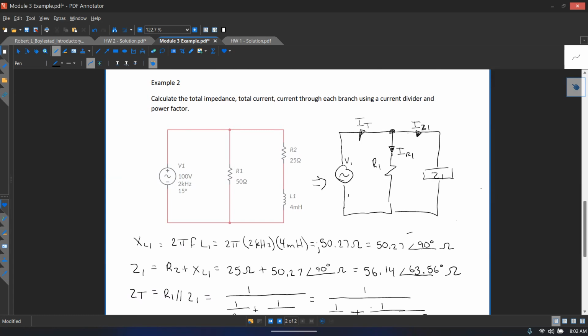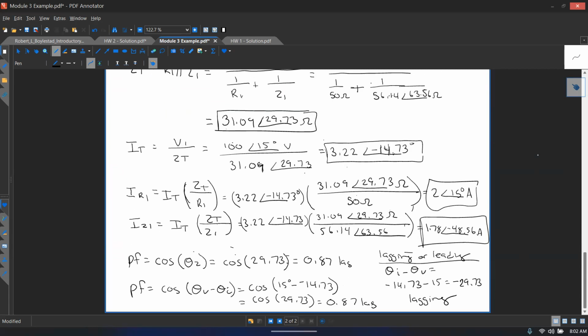And so if you add your IR1 and your IZ1 together, you should get what we calculated for I total. So why don't you go ahead and take a few seconds to plug that into your calculator and make sure that is still true.